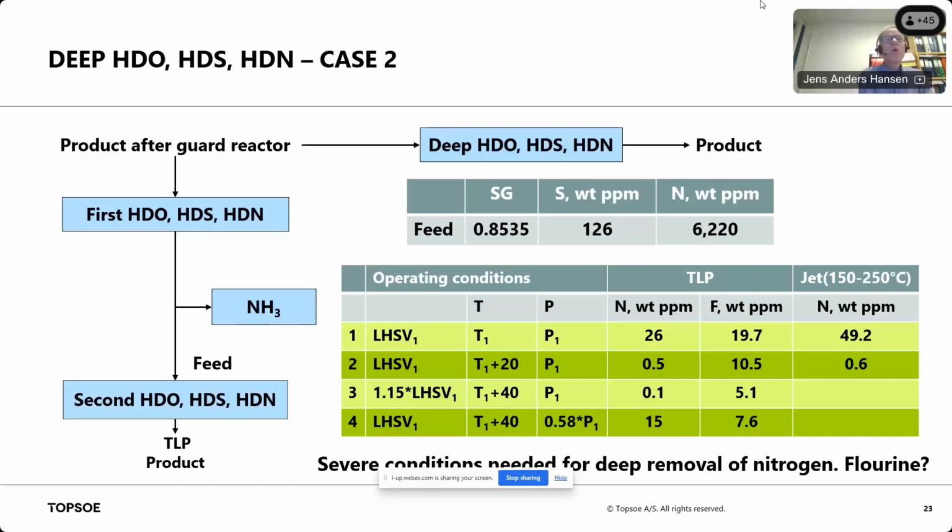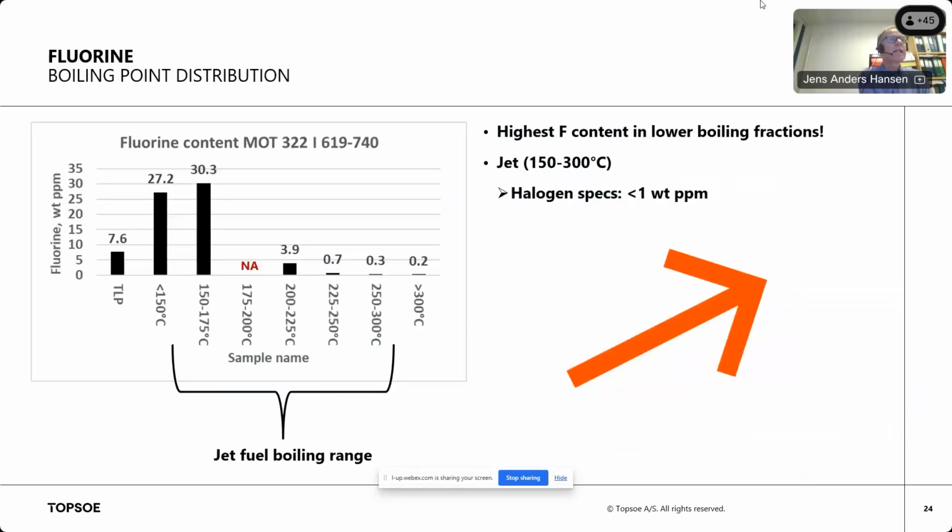And then we looked more into how can we remove the fluorine down to a level that is below 1. And then we looked into the product quality of the jet fraction here, and here are some numbers. And this is showing the fluorine distribution as a function of boiling point. And you can see, in fact, the highest fluorine content was found in the lower boiling fractions, not in the higher fractions.